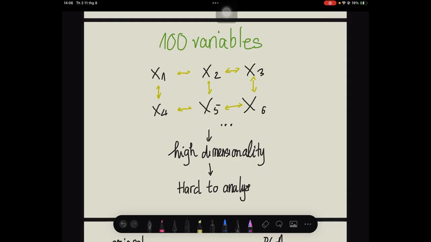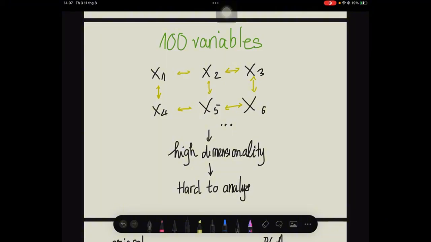Suppose we have a dataset containing 100 variables. If those variables were completely unrelated, we might have 100 distinct pieces of information, but that's often not what happens. Financial variables tend to be correlated. For example, several different economic indicators may move together because they are responding to the same underlying economic force.